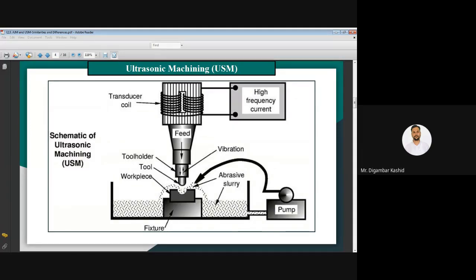Due to that, impact erosion will take place and material will be removed. So the abrasive in the slurry will erode the material. The tool will vibrate with the transducer, normally magnetostrictive transducers are used.